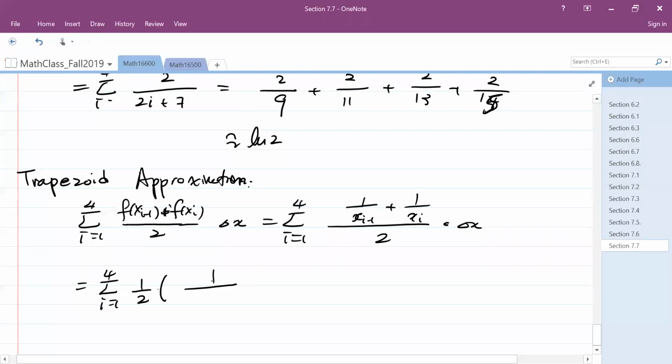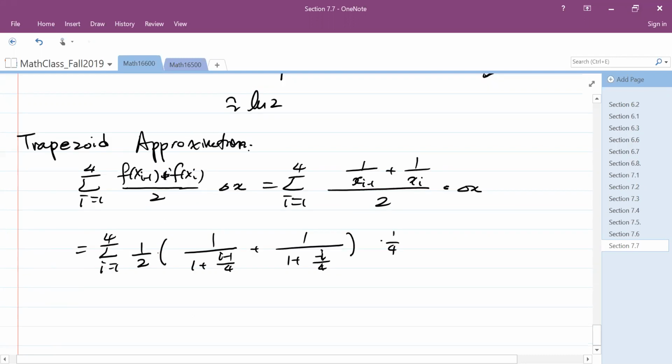Xi minus 1, remember, is 1 plus (i minus 1) over 4. Whoa, it's 1 plus i over 4, and then a quarter. If we do that by hand, it's really complicated. The machine can do it very quickly.